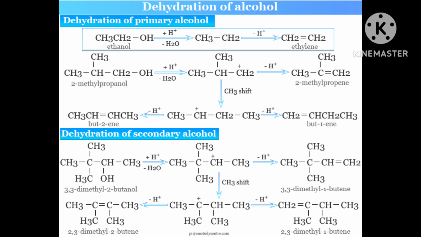Alkynes on partial reduction. Reduction means addition of hydrogen. Alkynes on partial reduction with a calculated amount of dihydrogen, means hydrogen gas, in the presence of palladized charcoal, partially deactivated with poisons like sulfur compounds. Here you can understand you require charcoal, carbon.